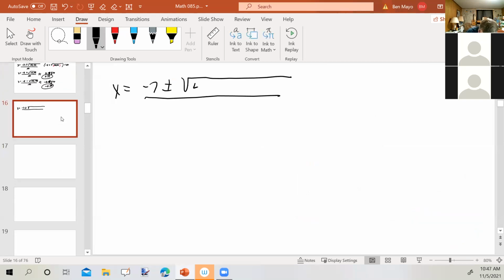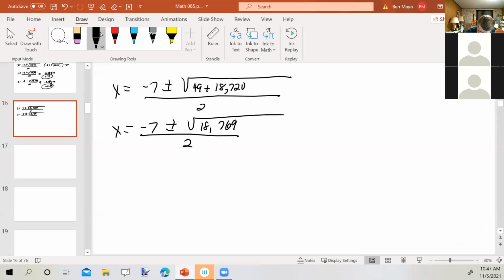Okay, going on. I must apologize. The numbers in this section are rather large, but it's a good thing we can use a calculator. So x equals -7 plus or minus the square root of, 18,720 plus 49 is 18,769, over 2.